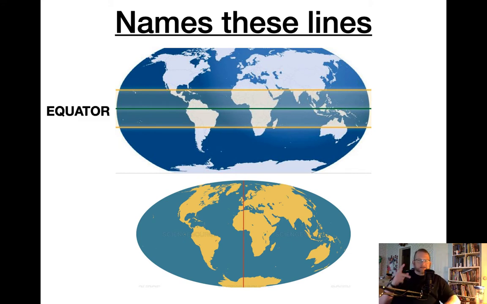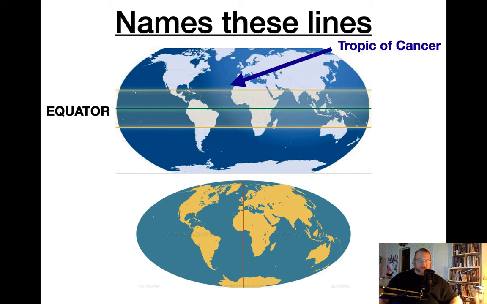And then the next two important latitude lines, and these are extremely important when we're talking about seasons, so you've got to understand these lines. This is why we spent so much time on this back during the school year, because I knew we were coming to this. And you have to know these lines to understand what's going on with the seasons. So the equator is the main line of latitude, 0 degrees latitude.